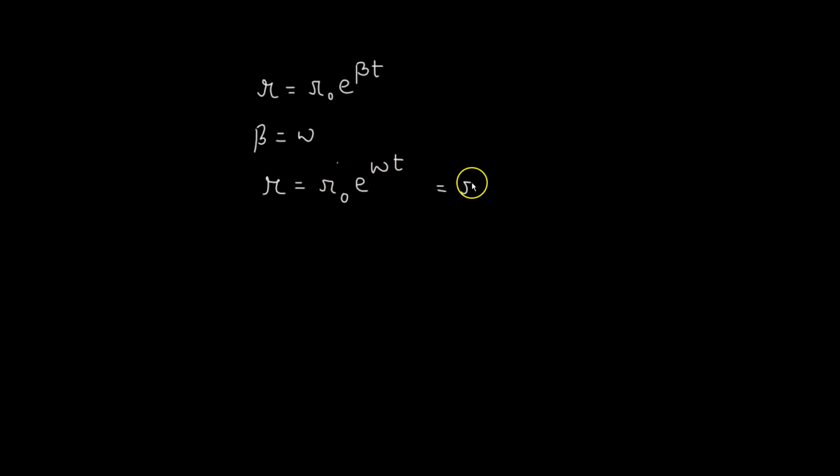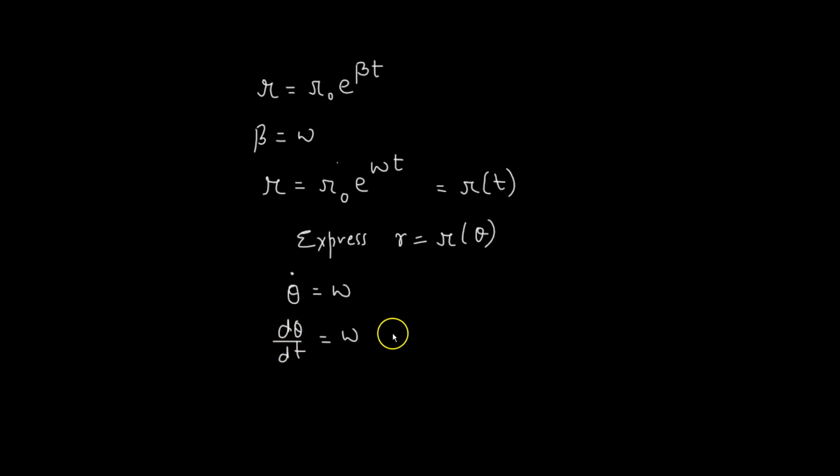Clearly we see that r is a function of time t, but we want to express r as a function of theta alone. So let's take our theta dot, which is omega, a constant. That means d theta over dt equals omega, which gives d theta equals omega dt.